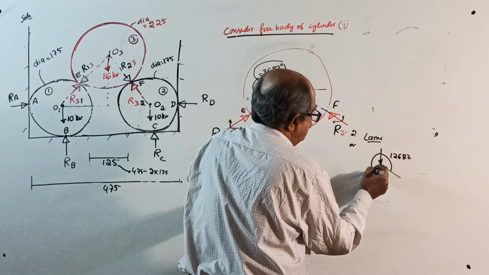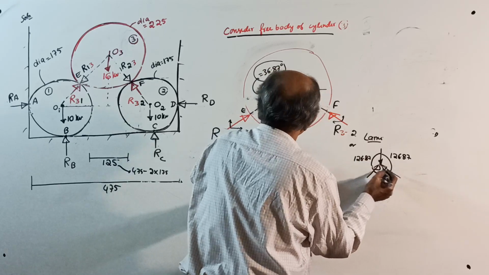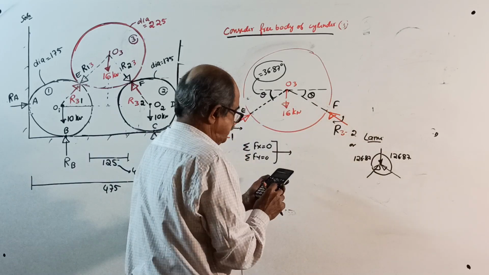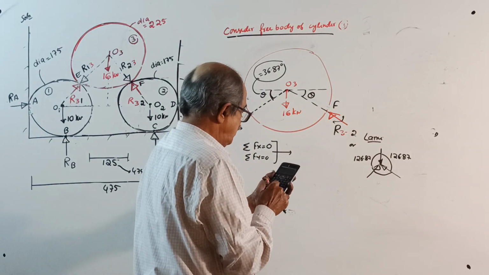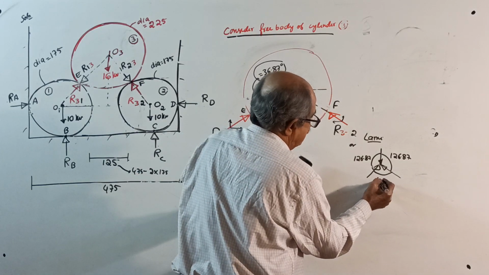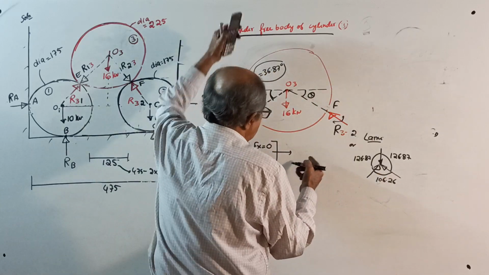This also is 126.87 degrees. This angle is, if this is theta, theta, then 180 minus 2 theta. 180 minus 2 into 36.87 is 106.26 degrees.